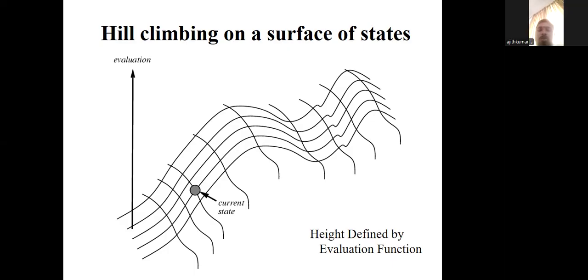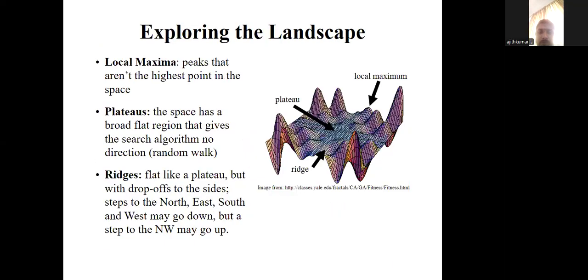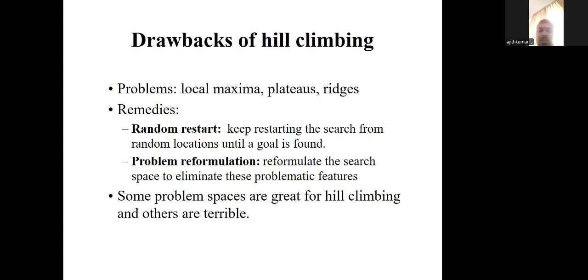The current state moves on the evaluation surface. Exploring the landscape, we face local maxima, plateaus, and ridges. Drawbacks of hill climbing are these problems, and the remedies are random restart and problem reformulation.